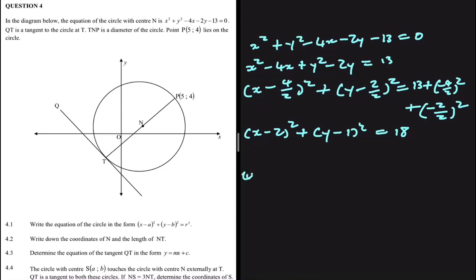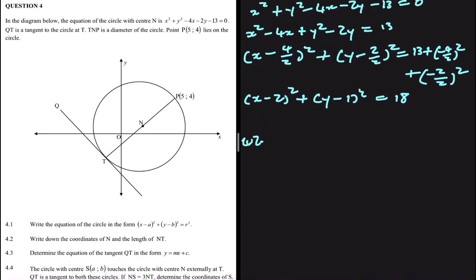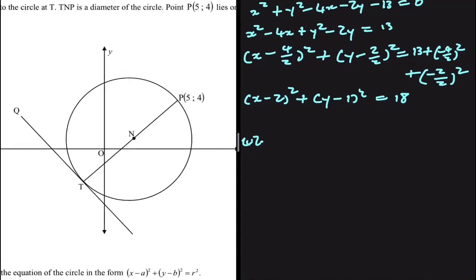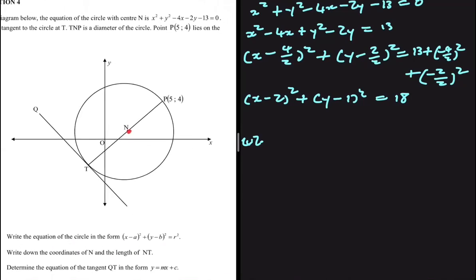Let's do 4.2. Write down the coordinates of N and the length of NT. So N is our center of the circle and NT is the radius. The coordinates of N from our equation: the x value is 2 and the y value is 1 at the center.